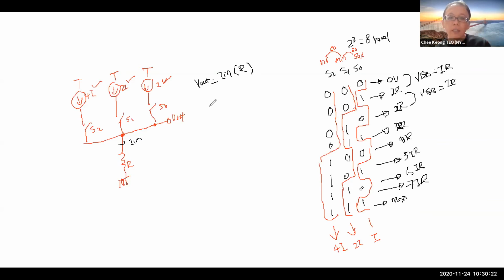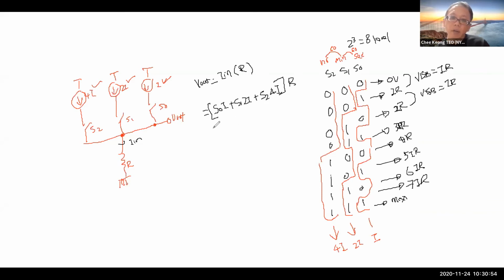I in is actually equal to S0 times I, plus S1 times 2I, plus S2 times 4I, and the whole thing multiplied by R. Now, S0, S1, and S2 can be 0 or 1. So if it's 0, then it's omitted, right? And if it's 1, then you include it.